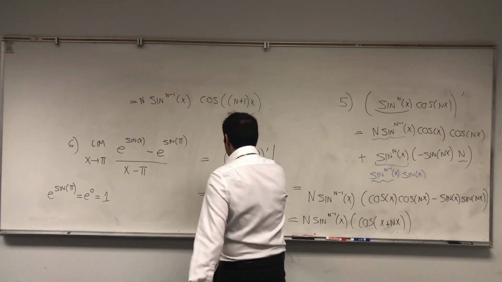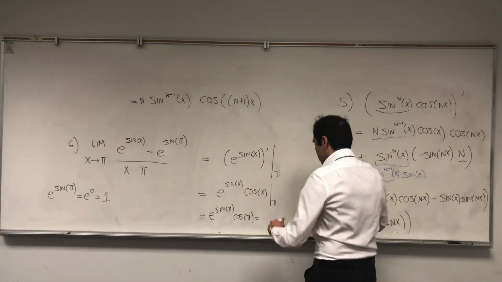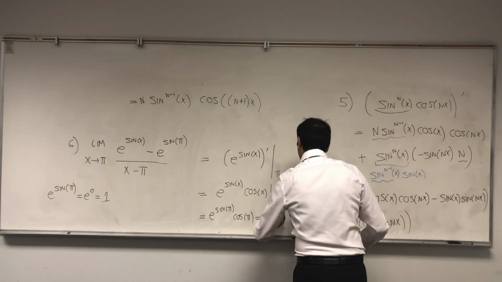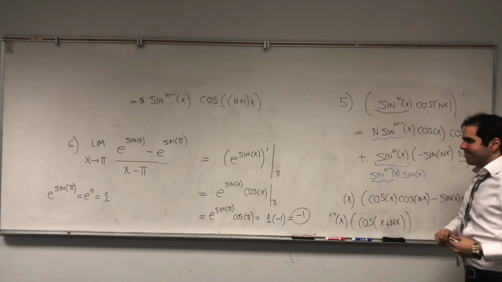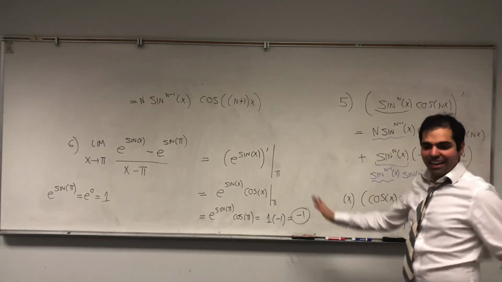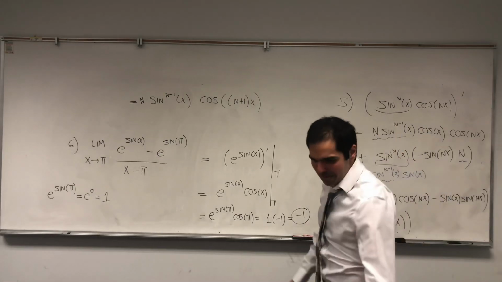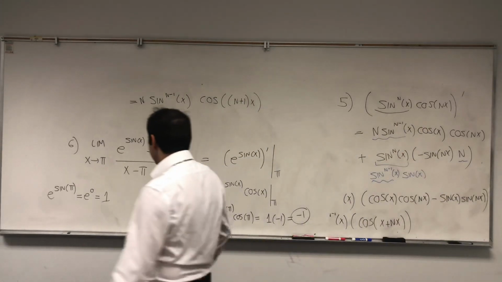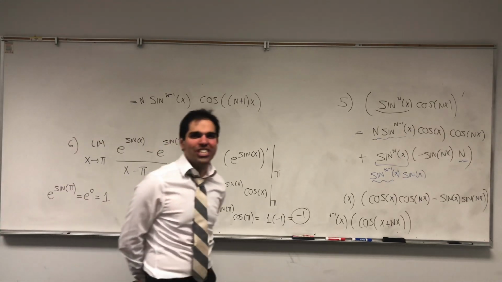And that is e of 0, which, as we just calculated, is 1, times minus 1. And the answer is minus 1. So how neat is that? Kind of, we used L'Hopital's rule implicitly, but really without even knowing this rule, we're able to do that.